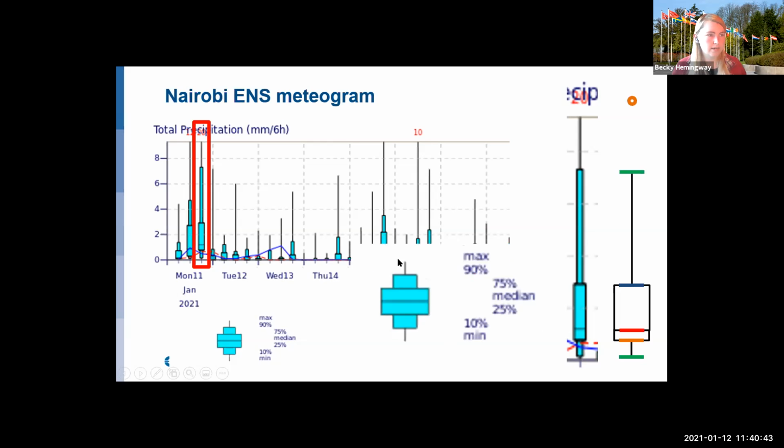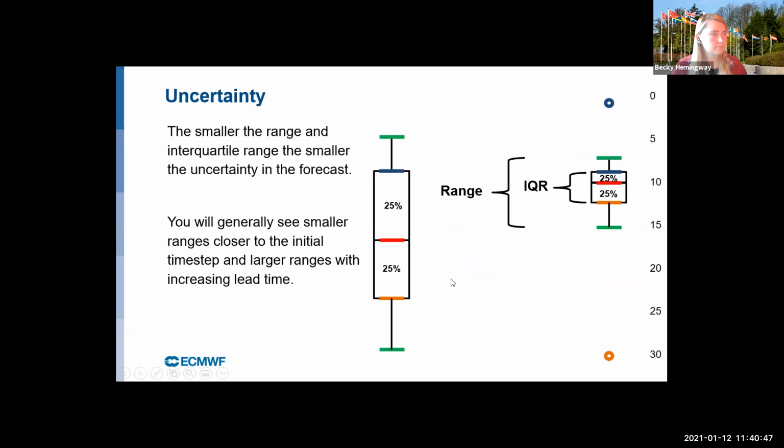Now I've mentioned, just always keep an eye on the key. Now, uncertainty. What we're looking at here is how big our box plot is, or how big our meteogram is. So the smaller the range, and in the interquartile range, the smaller this is, the smaller the uncertainty in the forecast.